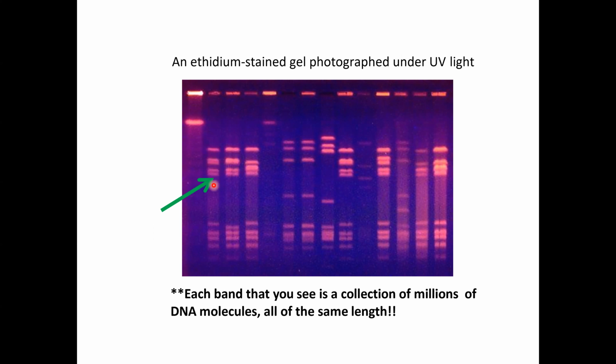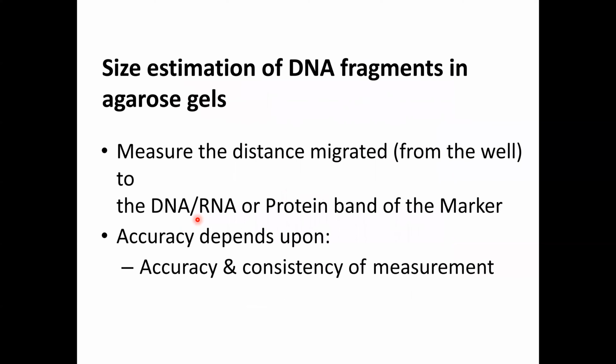So you could compare this one. This is really perfect. This is also perfect, you can visualize this one properly. But of course, as I mentioned, we have the standard measurement from this, which I can show you later. So we have here the size estimation of the DNA fragments in the agarose gel.